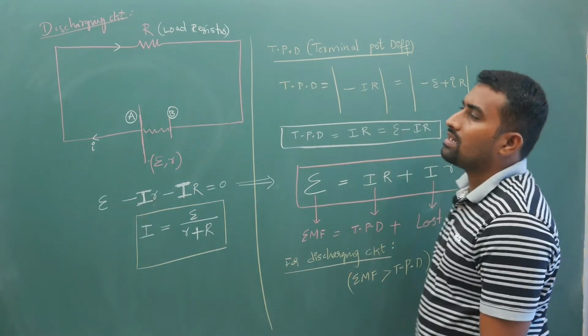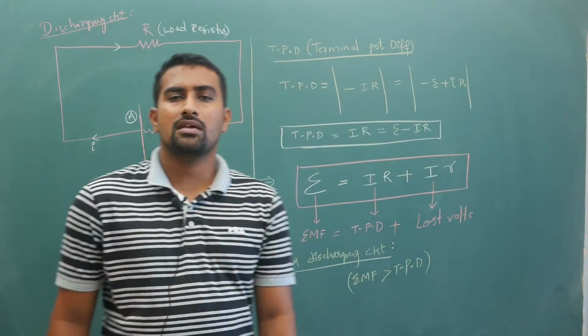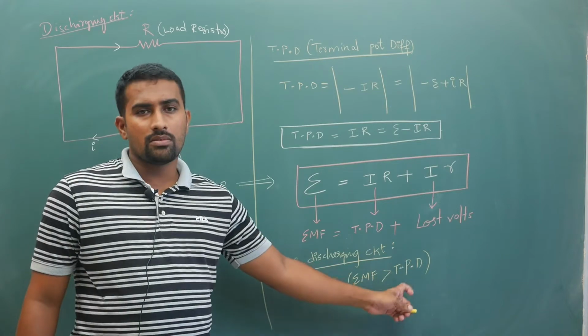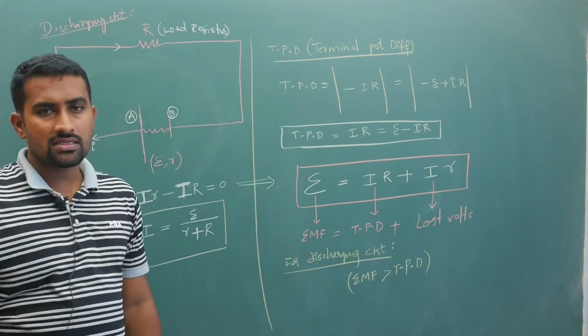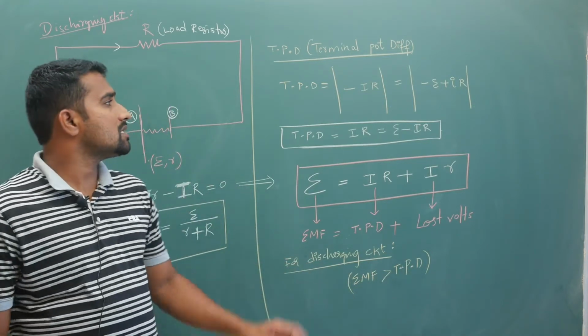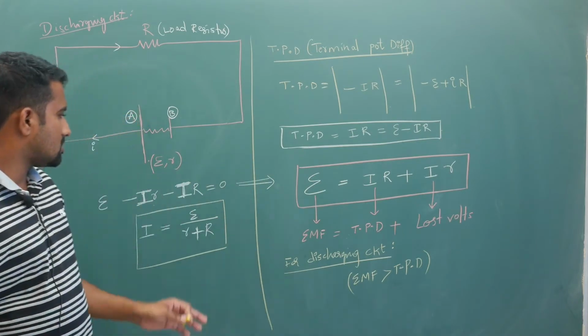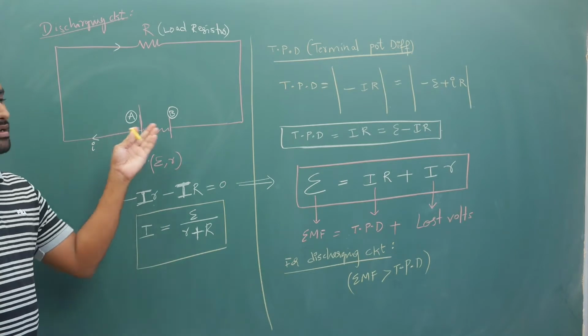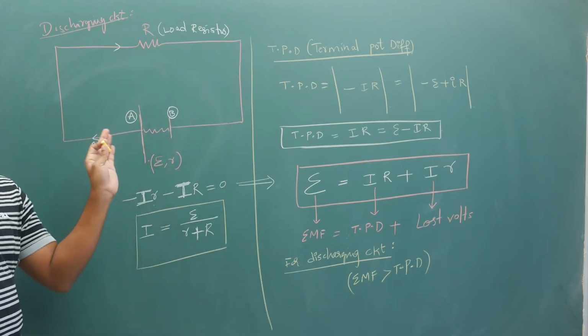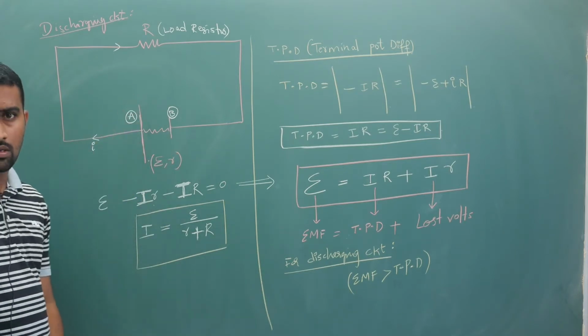Later we will see something called a charging circuit. For a charging circuit, the terminal potential difference is more and EMF is less. So this is your basic idea of terminal potential difference, and you are simply supposed to travel across the terminals of the cell, outside or inside, no issues.